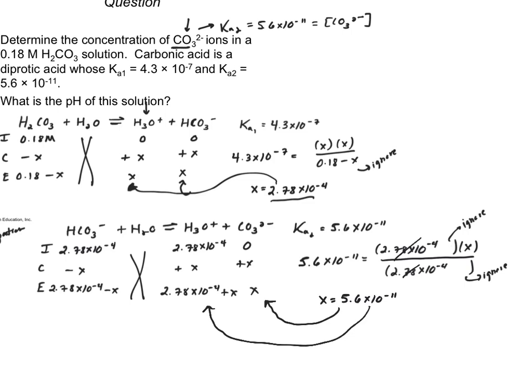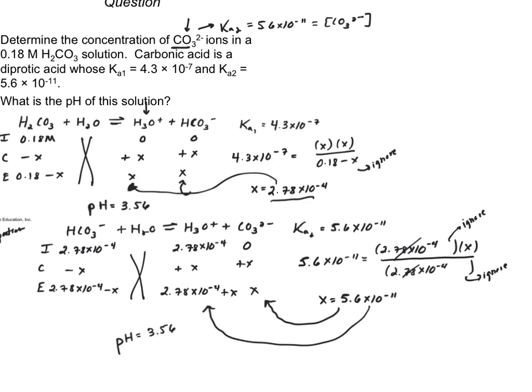If I took the pH up here, it would have been 3.56. And if I had added this in at the very bottom, the pH would still have been 3.56, because it plays such a small role in the concentration that you don't even have to consider it.